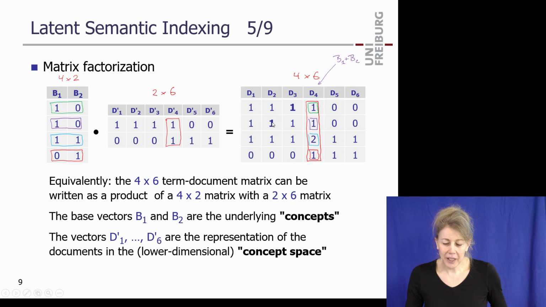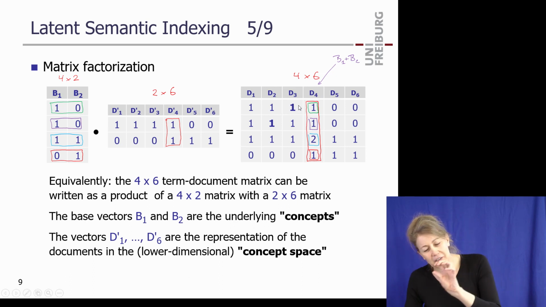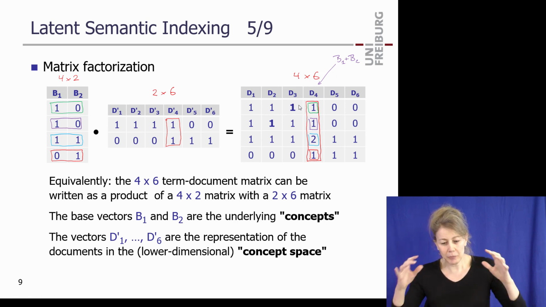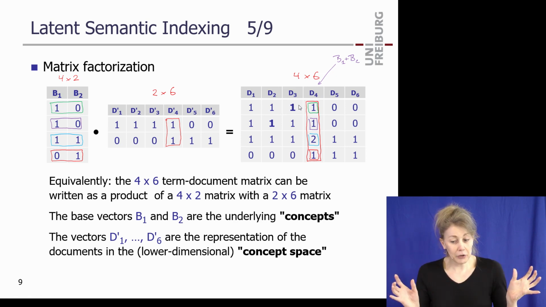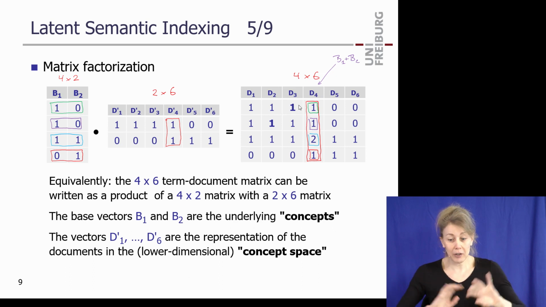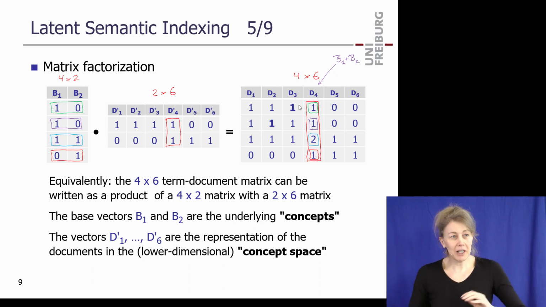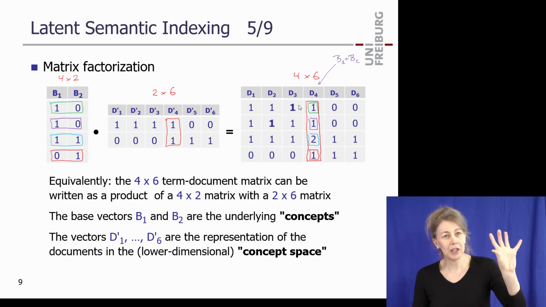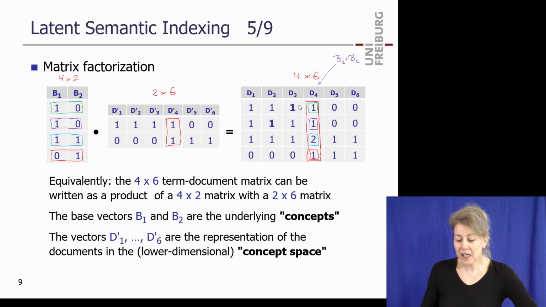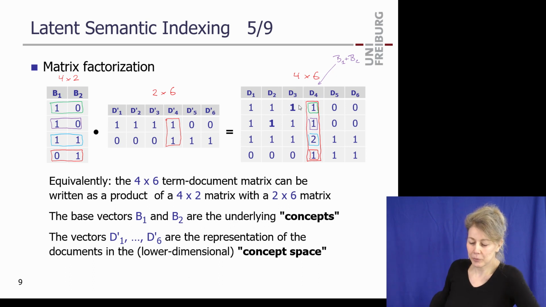We had a rank 4 matrix, we changed these 2 entries to ones, and then we had a rank 2 matrix. So make as little change as possible to the original matrix so that we have a matrix of smaller, and in reality much smaller, rank. In reality you might have a 10,000 times 1 million matrix with rank 10,000, and you want to reduce it to rank 100. You want to change as little as possible.